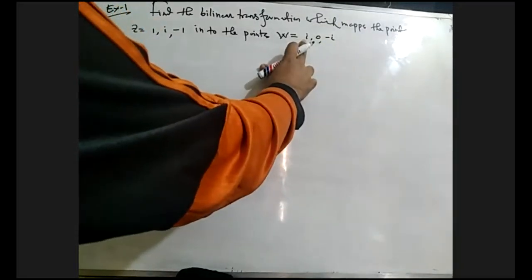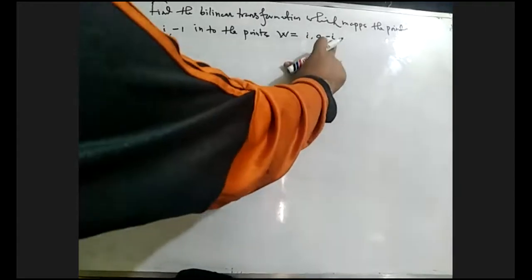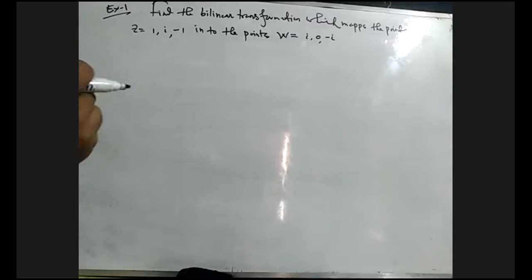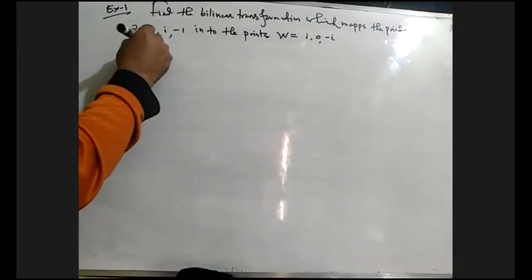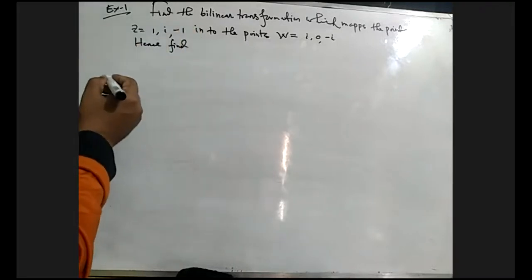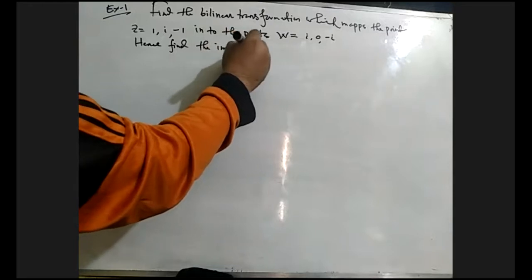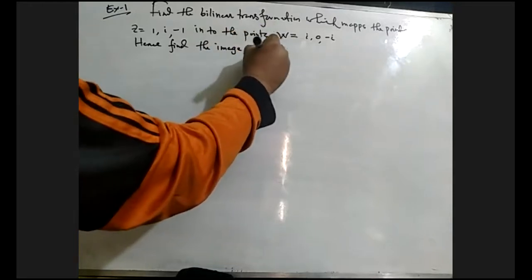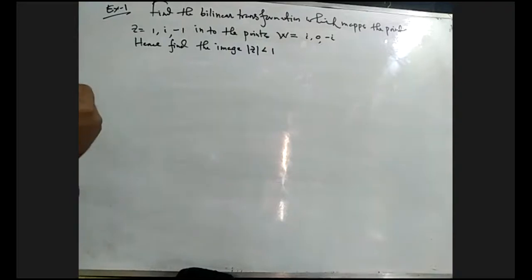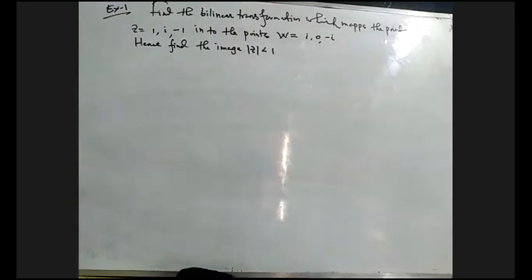This i can be represented 0 plus 1 into i, and 0 will be 0 plus 0 into i, and minus i means 0 minus 1 into i. Hence find the image of modulus of Z less than 1. That means the radius of circles will be less than 1.